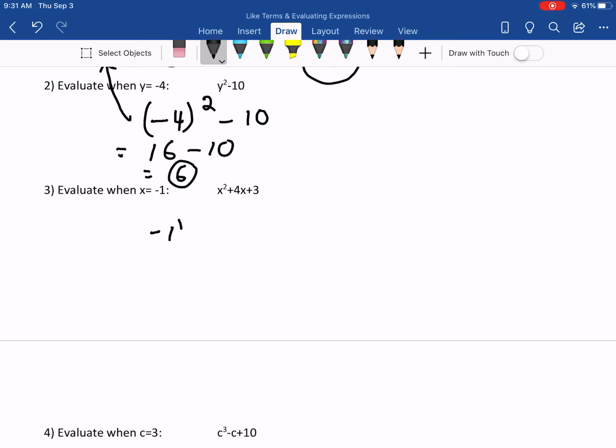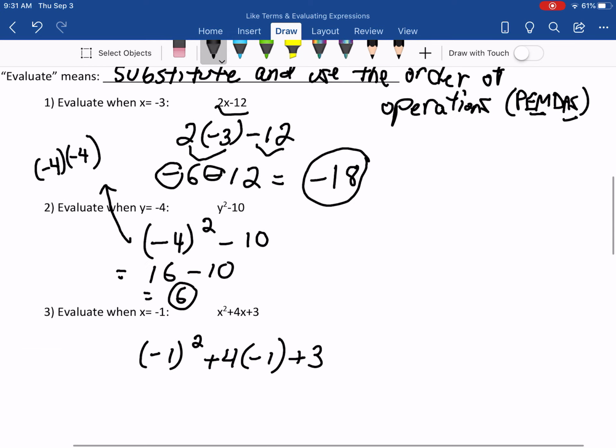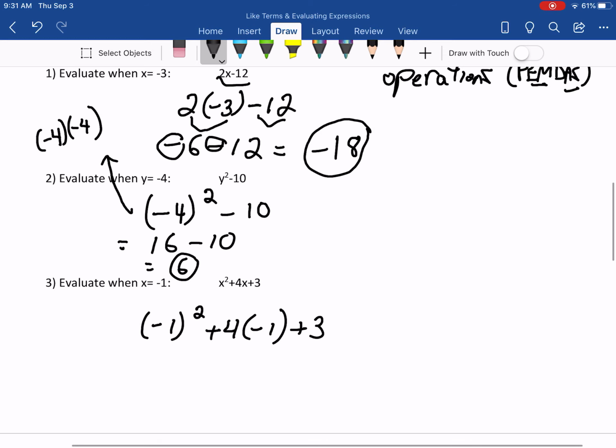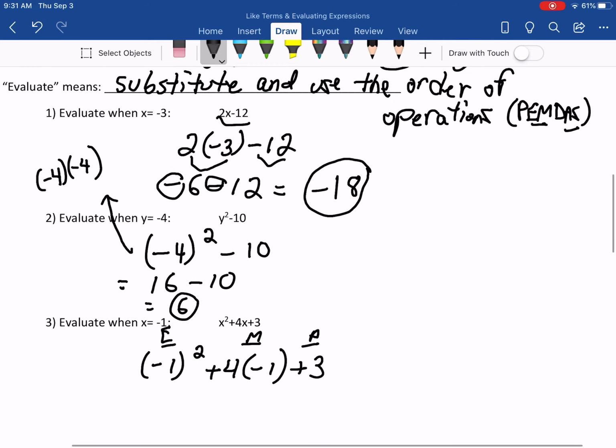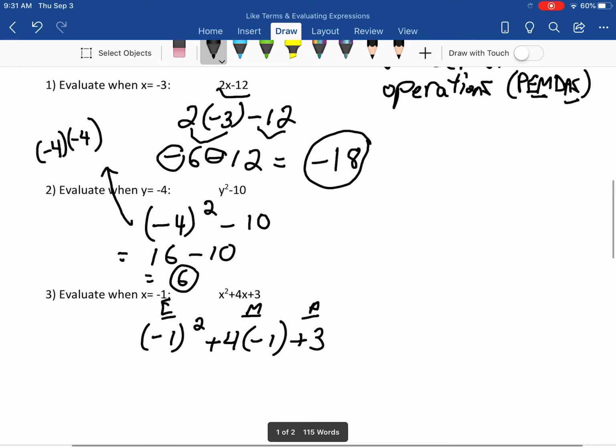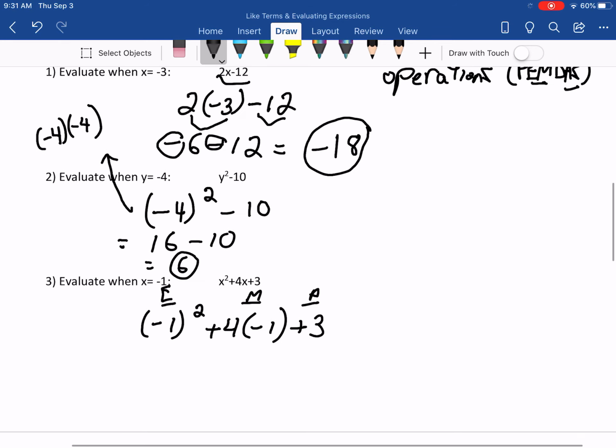All right, number 3, evaluate when x equals -1, x squared plus 4x plus 3. So we're going to write -1 squared plus 4 times -1 plus 3. Okay, so we have an exponent. This is an exponent. This is a multiplication, and this is addition, right? So the first one in the order of operations is e. Okay, e comes before m, and m comes before a.